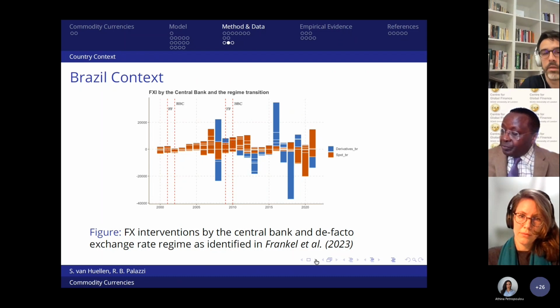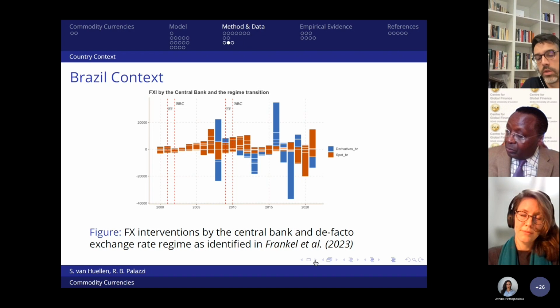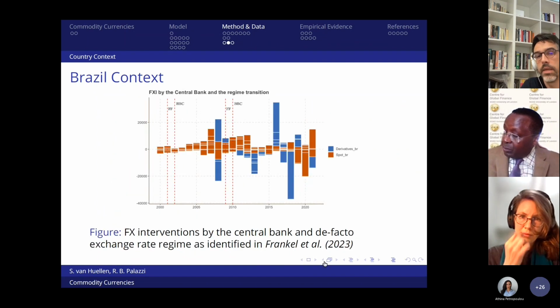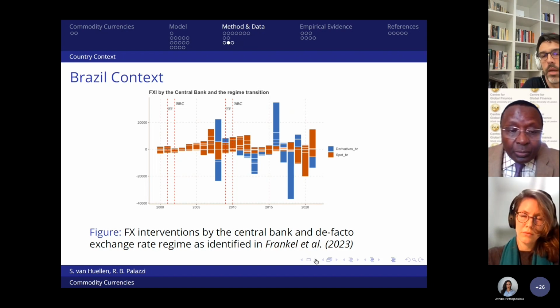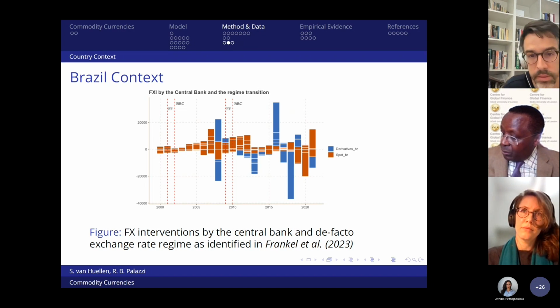The central bank uses it a lot to sterilize. So the strategy of the central bank is using this sort of derivative, but keeping the reserves steady. You don't use your reserves. You can hedge your position using derivatives to protect from the exchange rate.